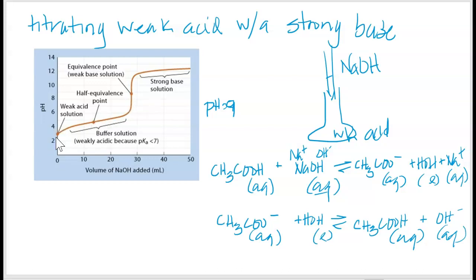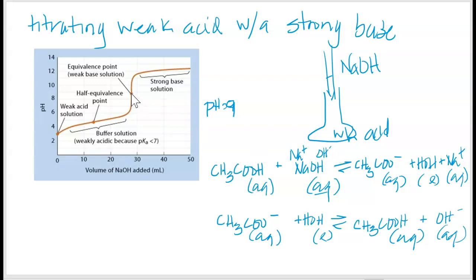So we're starting with a weak acid, pH is lower than 7. Here's the equivalence point. And here you can see that this is labeled as the buffer region. The reason for that is, let me reiterate what the equivalence point is: we have as many moles of acid reacting with equal moles of base. That's the equivalence point.